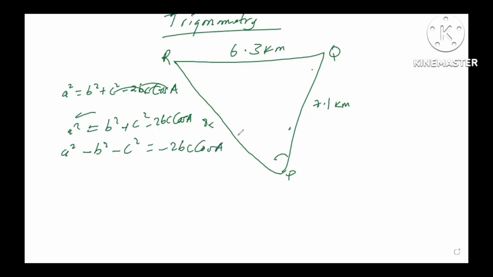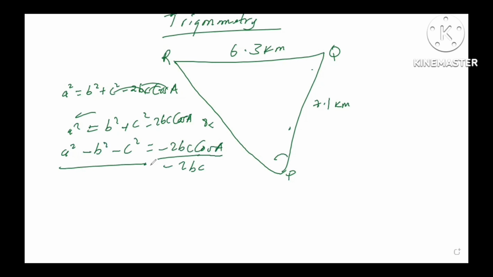Yes. Then from here, you can divide through by what? Negative 2BC. So the way you find the formula, if you want to find the angle, it does not matter, provided you make your cos A the subject of the formula. The way you make it doesn't matter, right?